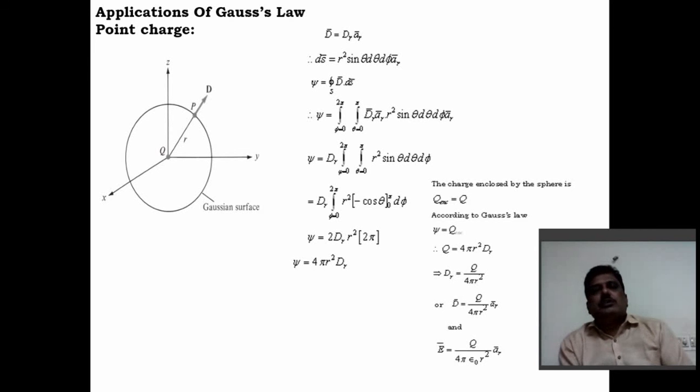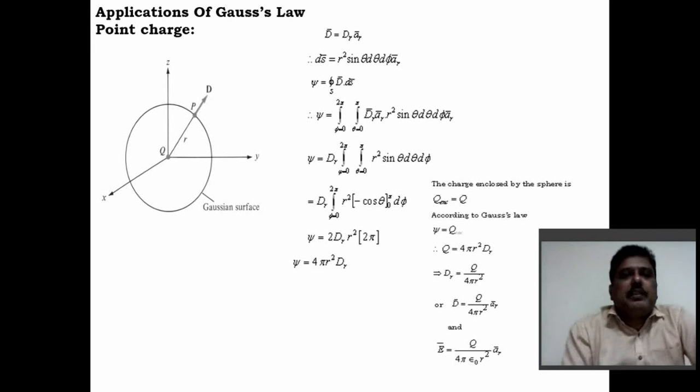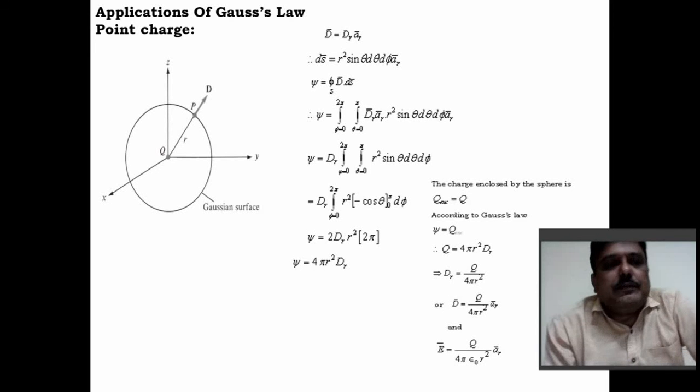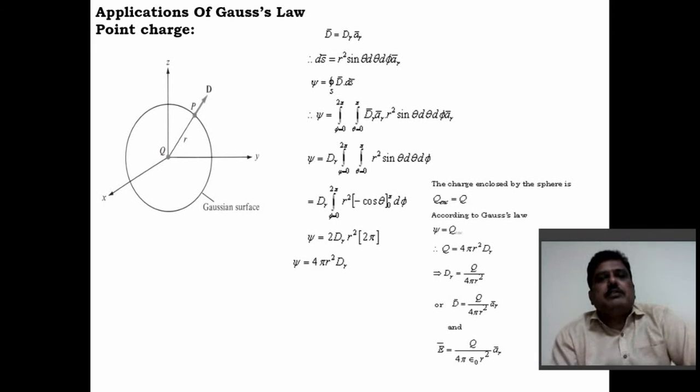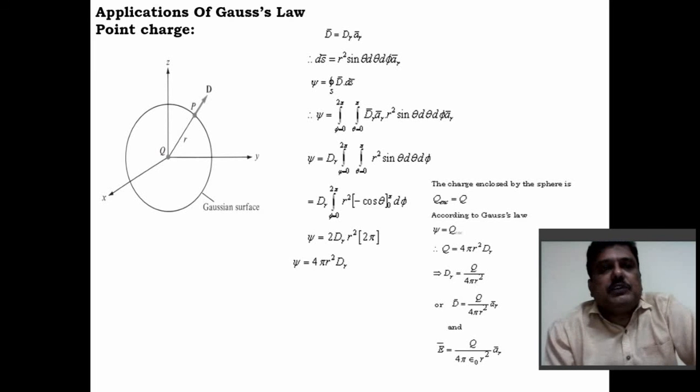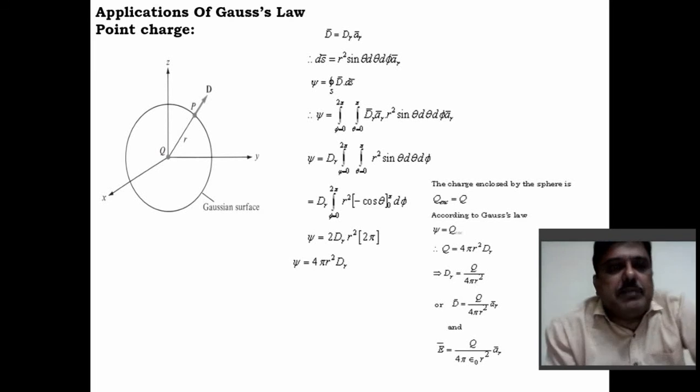Since it resembles a sphere, we say that it is surrounded by a sphere, so the given distribution has spherical symmetry.